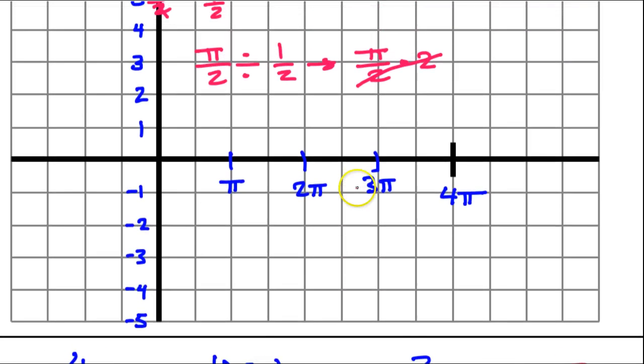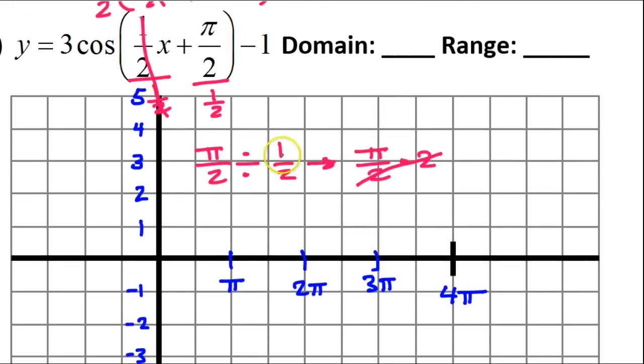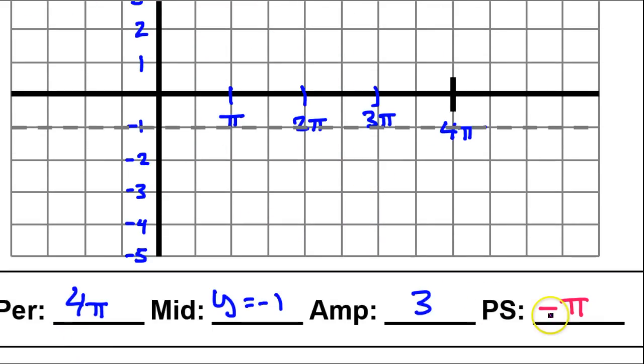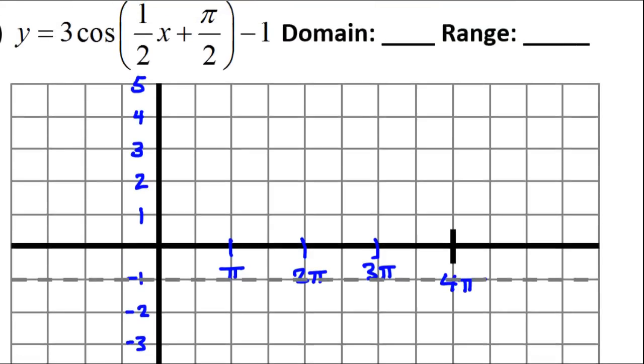So I'm going to go ahead and graph this now. I'm going to graph everything except for the phase shift. Because there is a phase shift, I'm going to start with a skeleton graph which does not include the phase shift. Remember that the midline is at -1, so you see the dotted line. And the amplitude is 3, so I'm going to be going up 3 and down 3 from the midline. I just need to remember which function this is. This is cosine.